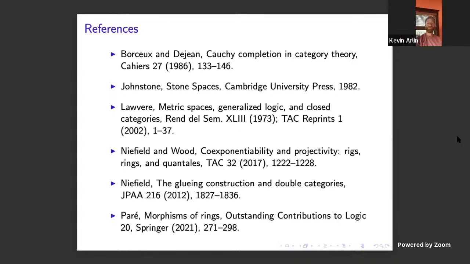Sure. Hi, Susan. Thanks for the talk. I'm wondering about other characterizations of Cauchy completeness in a double category. In enriched category theory, the way I usually think about Cauchy completeness is in terms of V-categories that have all absolute colimits. For me, split idempotents is just easier to say or think about.